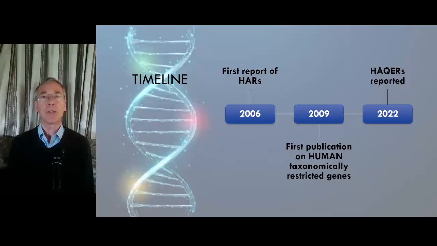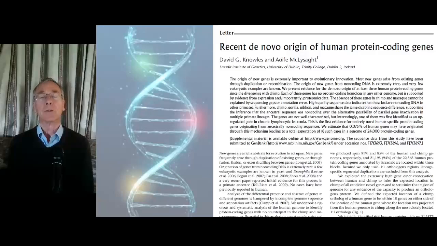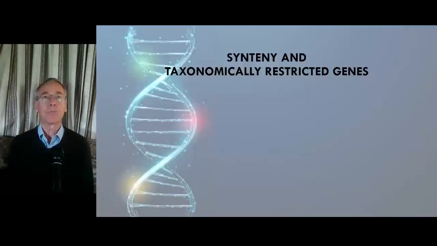And HAQERs are very recent, first reported in 2022. So let's look at taxonomically restricted genes. These were first reported in 2009 in a paper by Knowles et al. And they describe these, what they call de novo genes found in human beings when compared with other species.